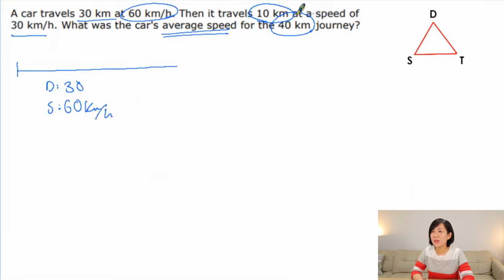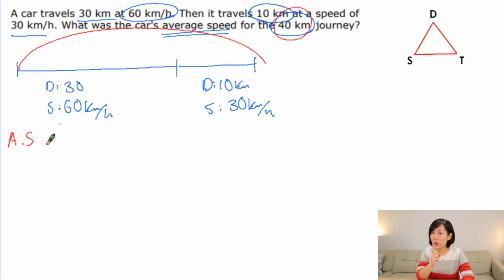Then you've got another 10 km journey, right? So another 10 km for your distance, and the speed is 30 km per hour.